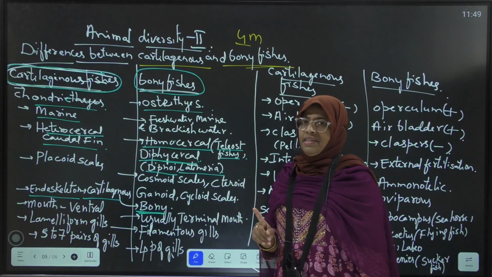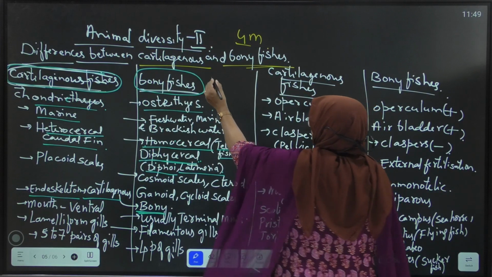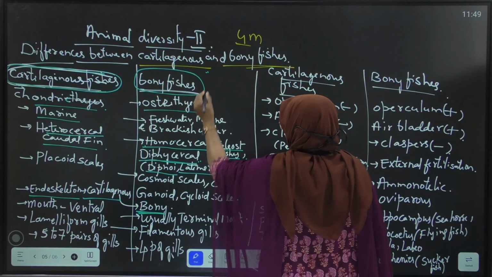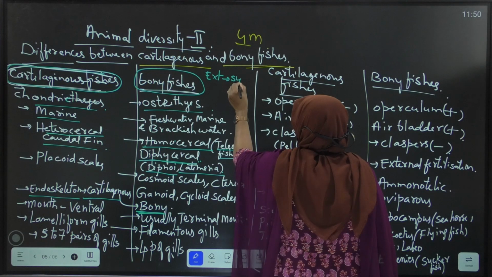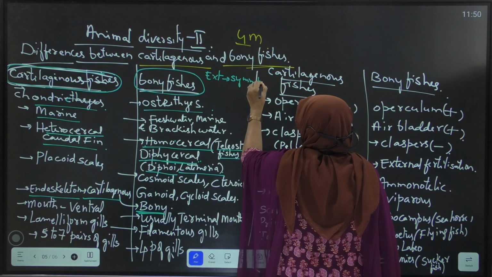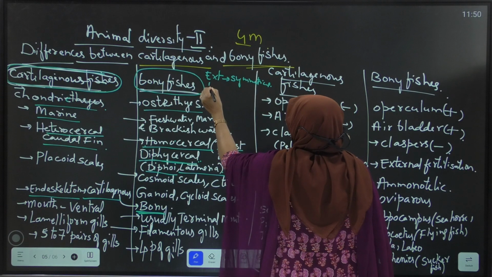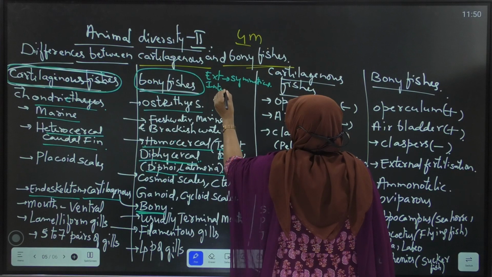Homocercal caudal fin is externally symmetrical and internally asymmetrical.